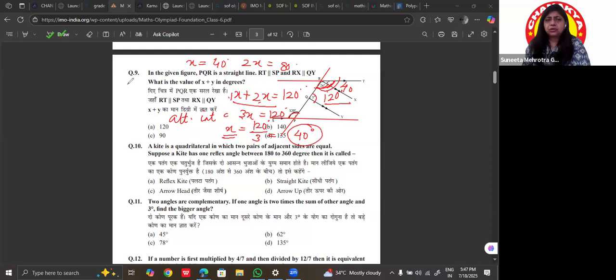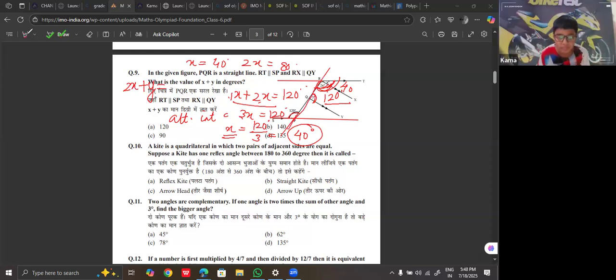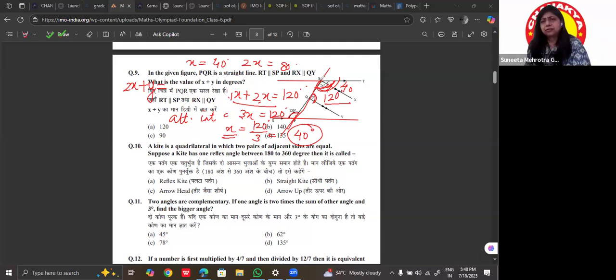See that here 2x plus y makes 180 degrees because they are co-interior angles. You remember that I have made one F like this. This is the F, a challenging F. 2x is 80 degrees and this one is a co-interior angle.